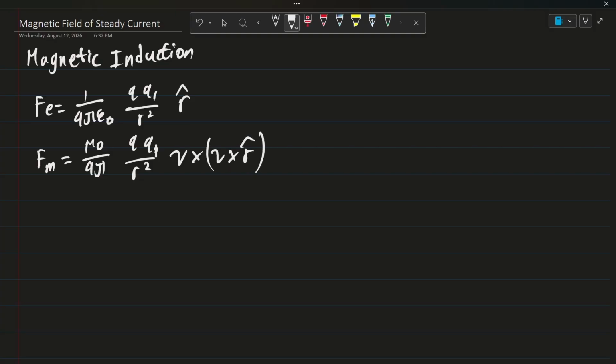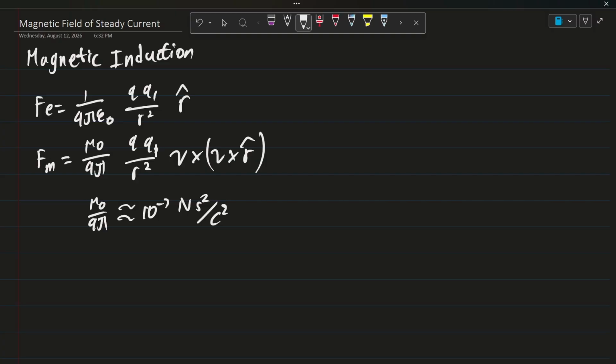This mu 0 is defined to be the permeability of space or vacuum, and it is defined to be 10 to the power negative 7 Newton second squared over Coulomb squared. The value is actually approximate, not exactly 10 to the power negative 7.